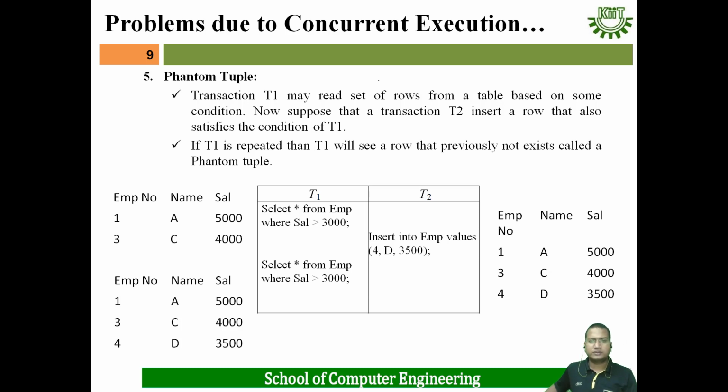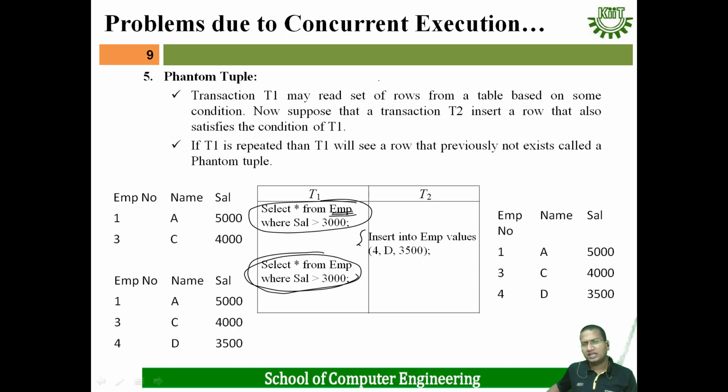Phantom tuple. Suppose in SQL we want to execute some query. Suppose this is one query to see the data items of the employee table where salary is greater than 3000. Then after some time this transaction executes the same instruction again.